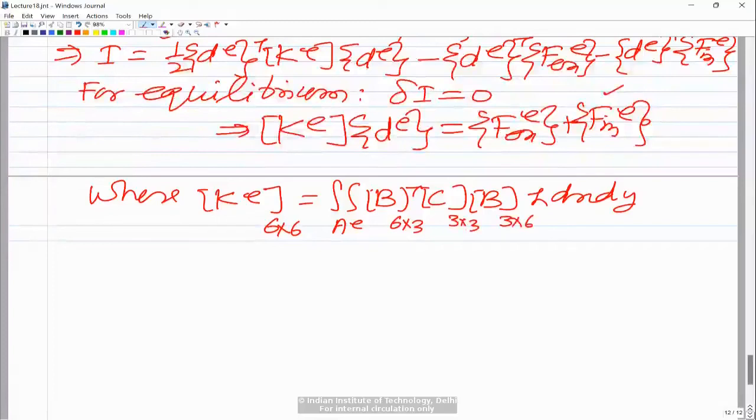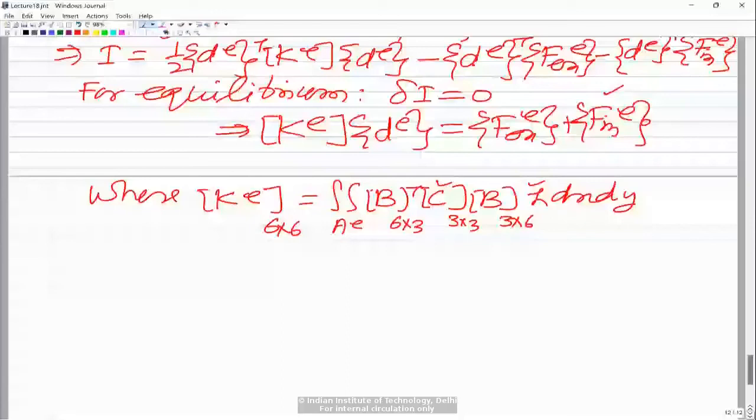And now if we assume that this constitutive matrix C and thickness H are constant within the element, that is, they do not change within the element, the thickness is the same throughout a particular element, and the properties, Young's modulus and Poisson's ratio, do not change within the element, then C will also not change within the element. For this particular three noded triangular element, I have already shown that B is constant.